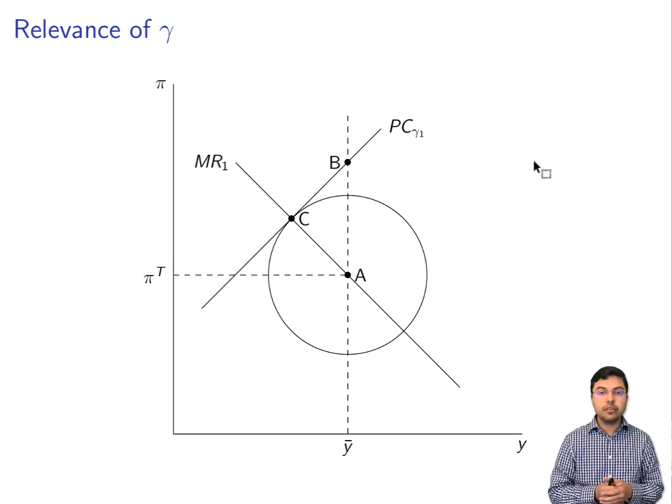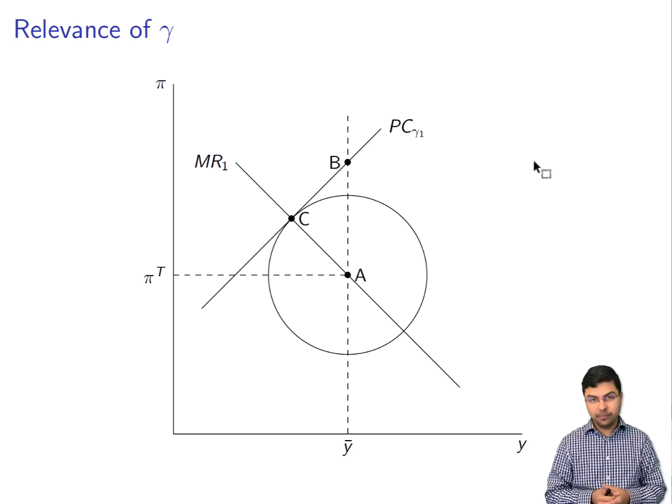Assume the Phillips curve was initially passing through point A, but then the Phillips curve shifts up due to an inflation shock such that the inflation at equilibrium output is given by point B. As we know from the previous lecture, the central bank can do better by choosing point C, where output is a bit lower than equilibrium output and inflation is not as high as point B. MR1 is the resulting MR curve that passes through points C and A.